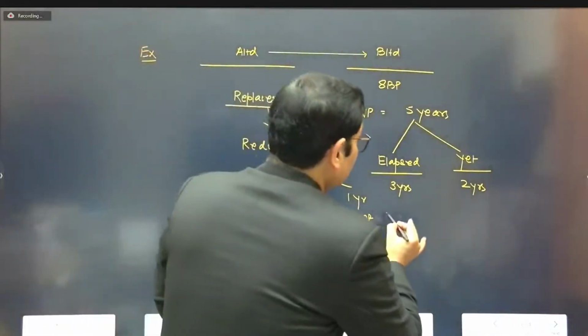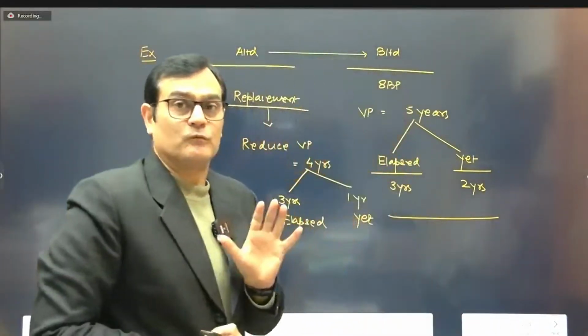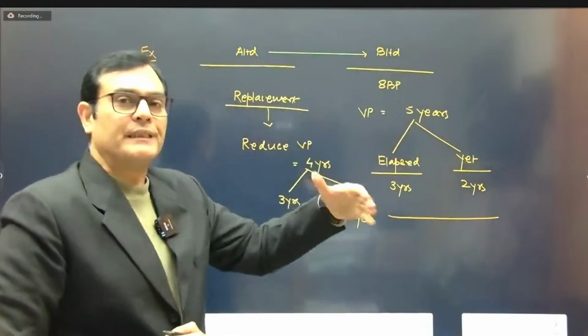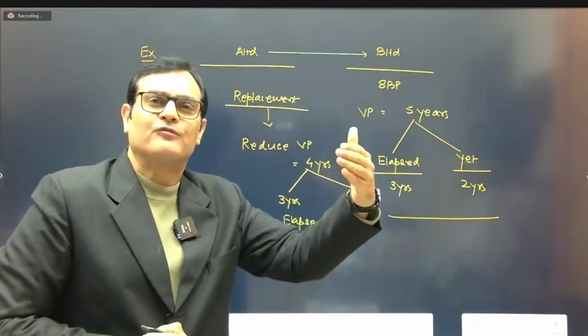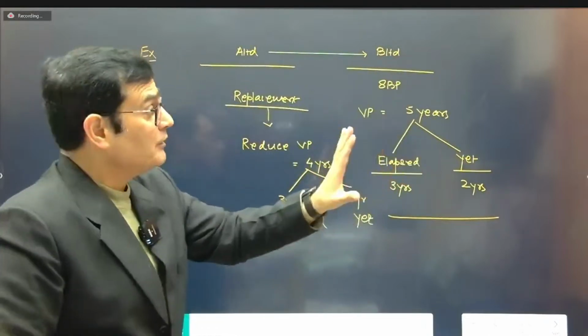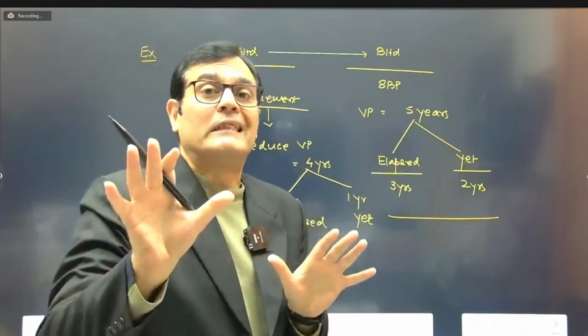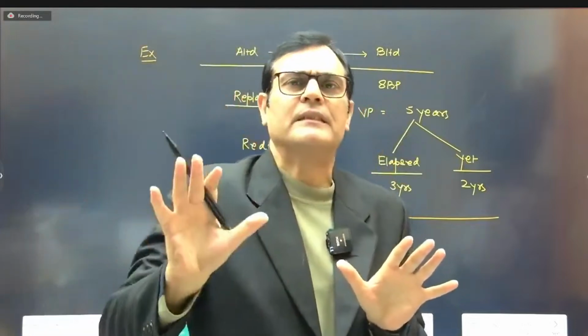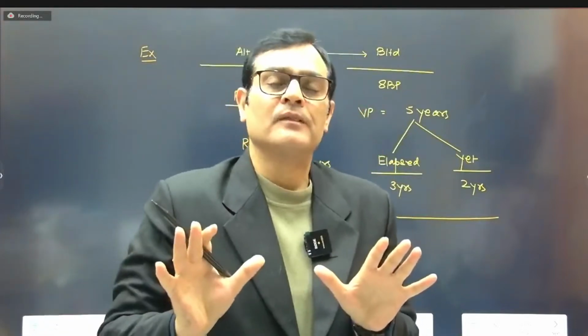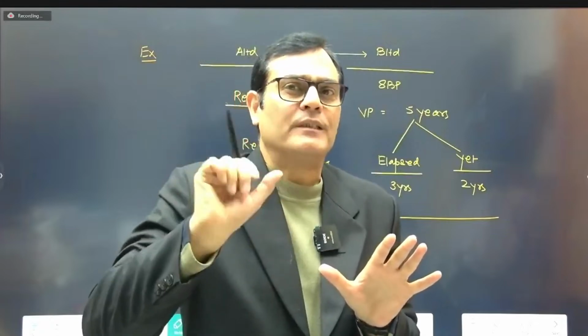Now, when B Limited was doing the accounting, he was following the concept of Ind AS 102. And mind you, I'm talking in terms of equity settled awards. I'm not talking in terms of cash settled awards.